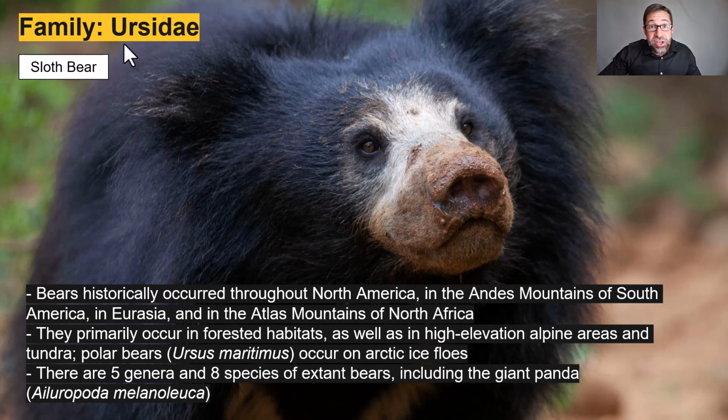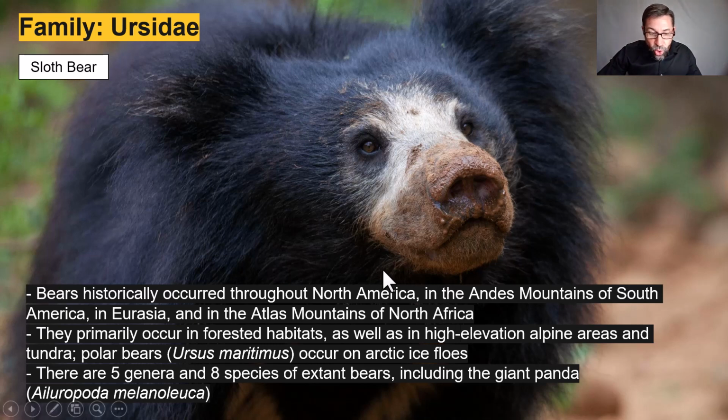There are 5 genera and 8 species of bears that are alive on planet Earth today, and those include the American black bear, the Asiatic black bear, the brown or grizzly bear, same species found in both North America as well as Eurasia, the polar bear, the spectacled or Andean bear of South America, which I showed you on the first slide, the sun bear of Indonesia, the giant panda of China, and this species, the sloth bear, which is found on the subcontinent of India.